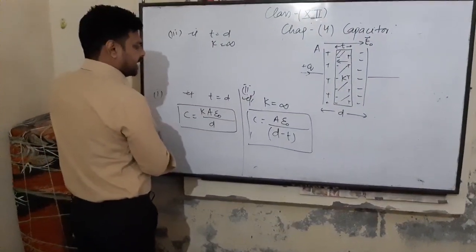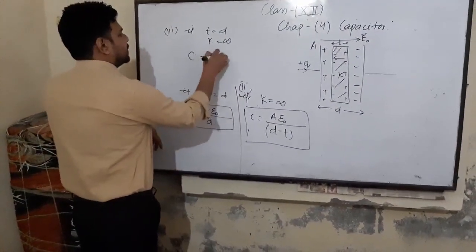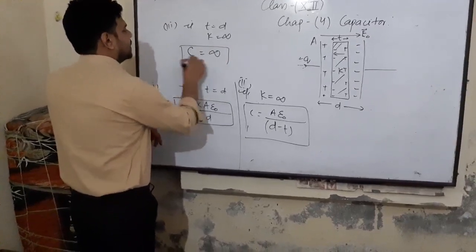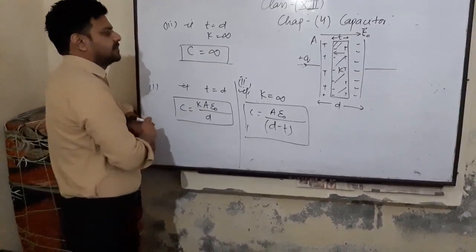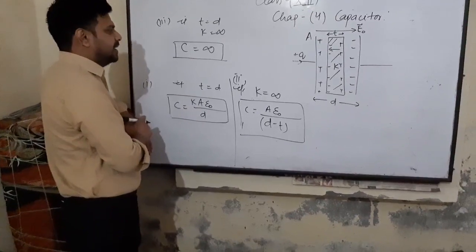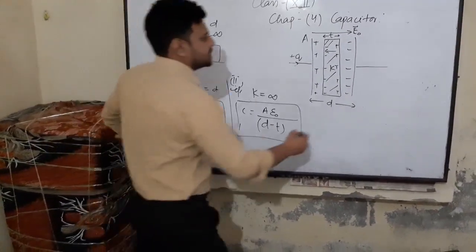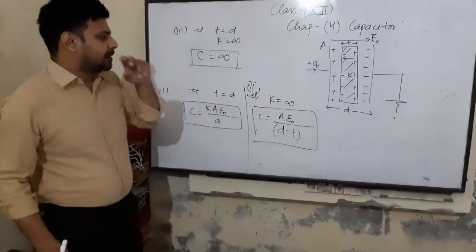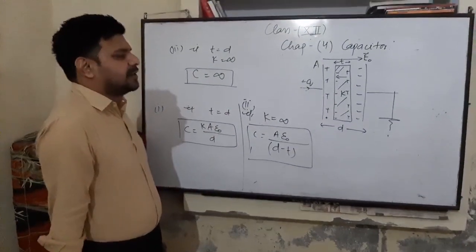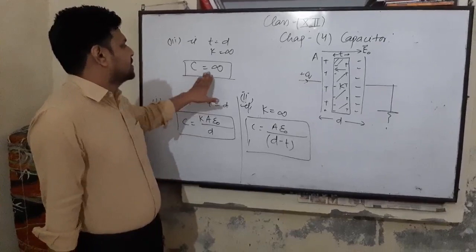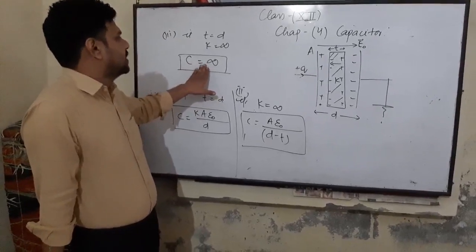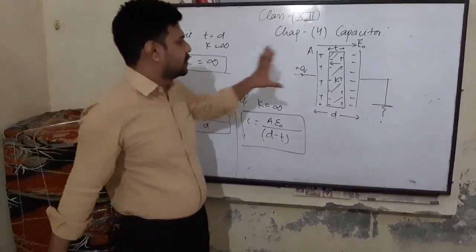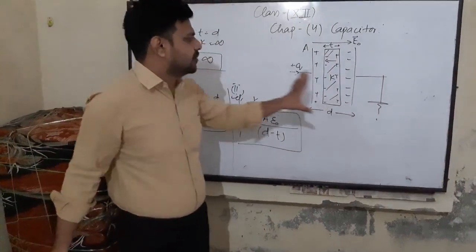Then we get C is equal to infinite. The capacitance of this type of capacitor will be infinite. Actually, this is the capacitance of Earth. If we place a metallic slab between the plates of the capacitor, the capacitance becomes infinite. Actually, this is not the capacitance of this capacitor, this is the capacitance for Earth.